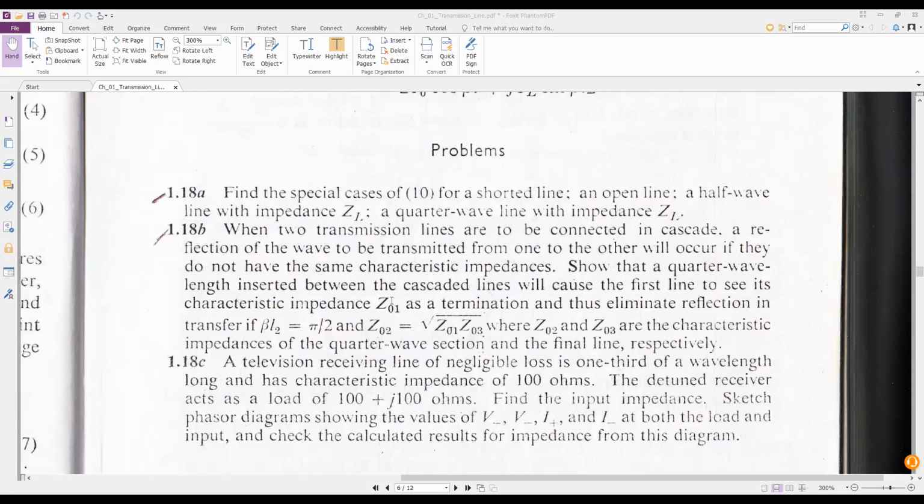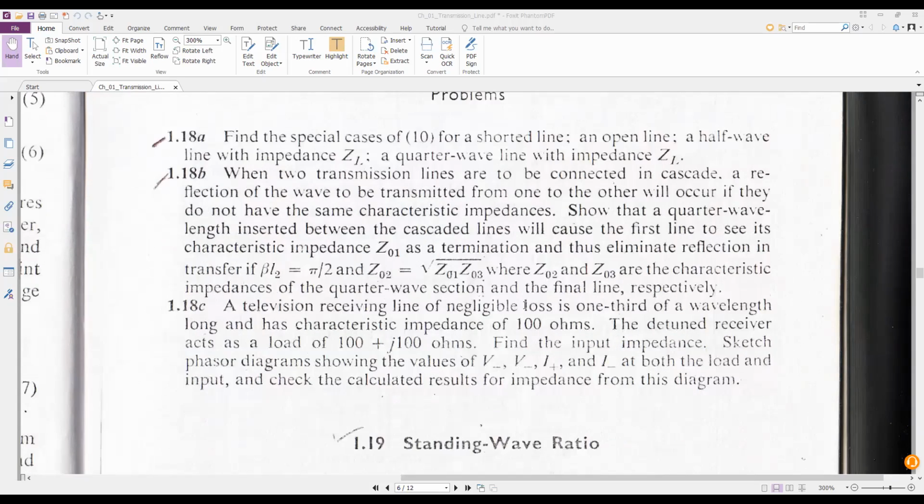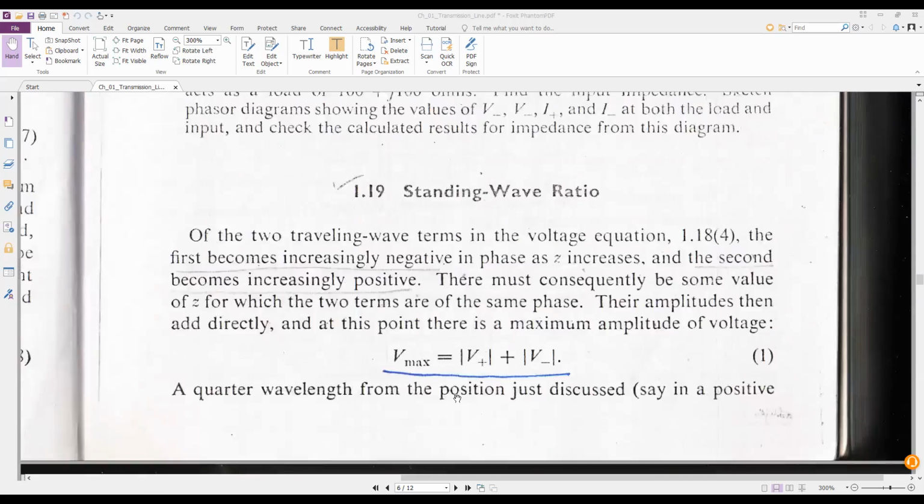See, these are the problems. Some equations are there, some problems are there, and standing wave ratio problems.